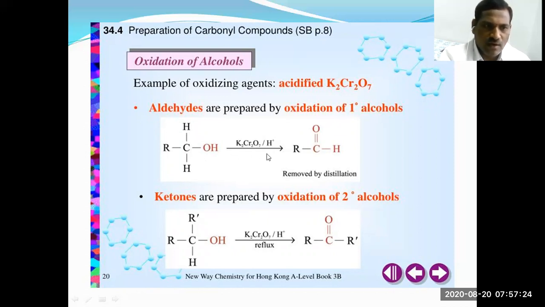So primary alcohol oxidized in the presence of acidic potassium dichromate gives aldehyde, or C double bond O H. This is the secondary alcohol, oxidized in the presence of acidic potassium dichromate. You can get ketone.